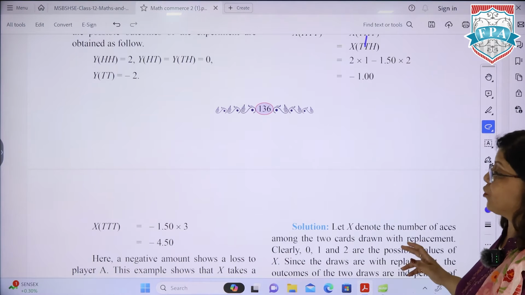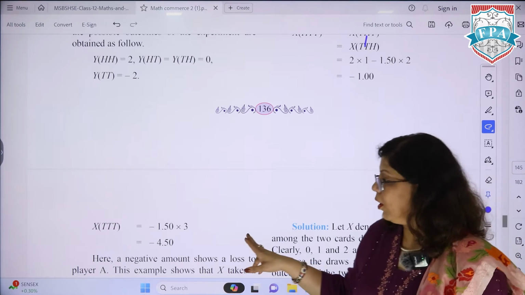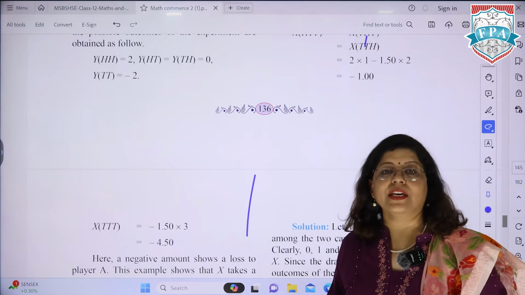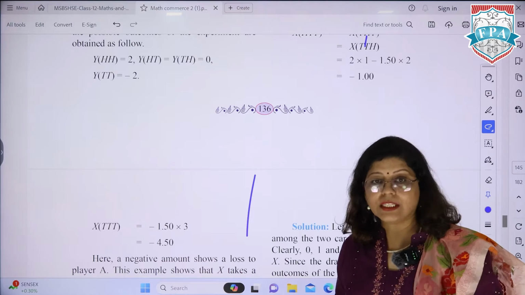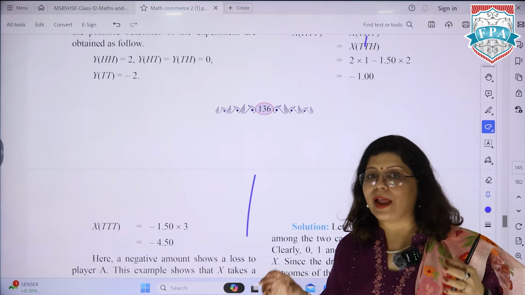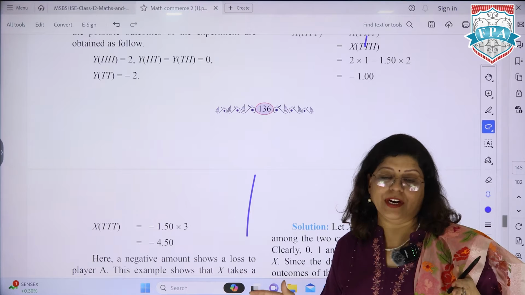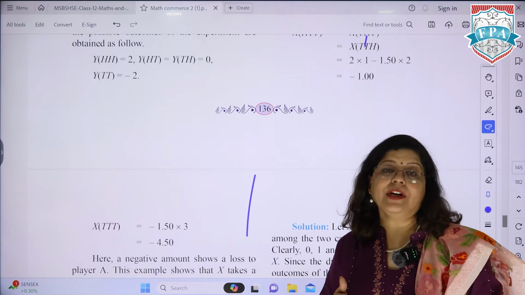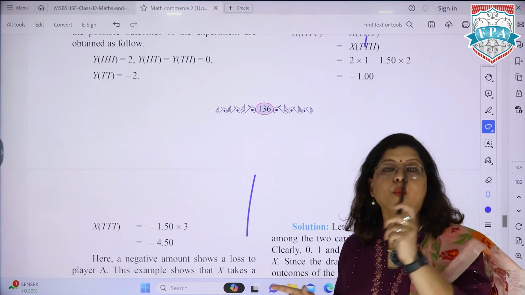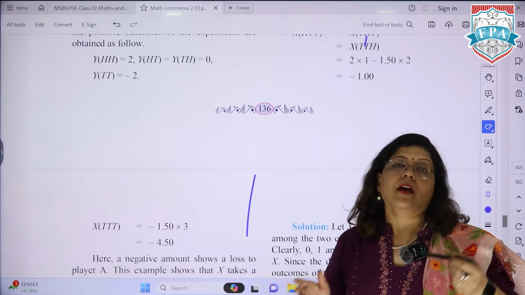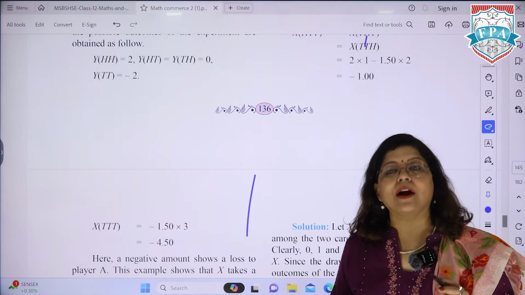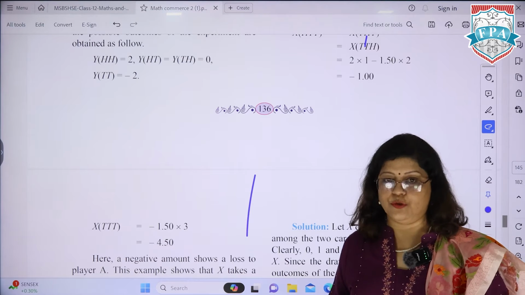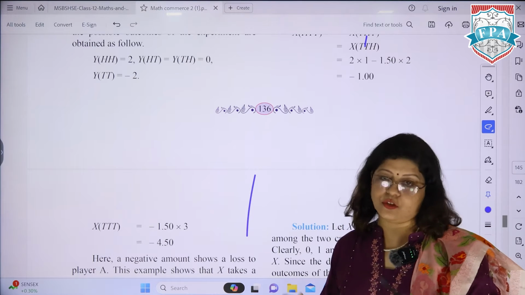First thing is seeing that the total is coming as 1, and second thing is seeing that every value is actually a probability value. Probability value ranges from 0 to 1. Anything negative or beyond 1 cannot be a part of the probability distribution.